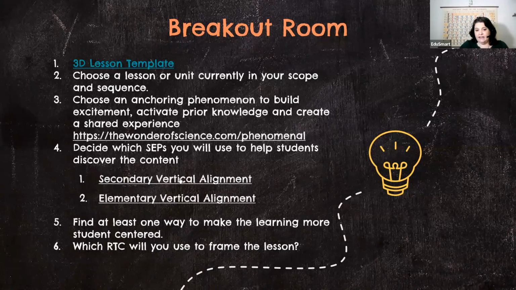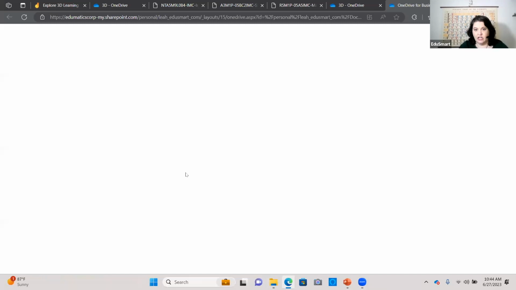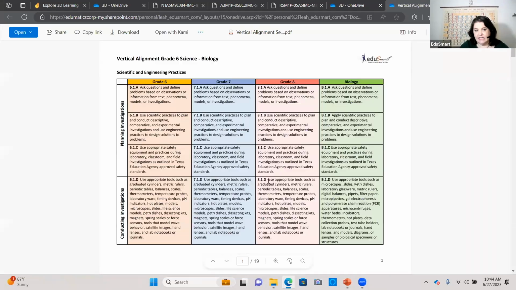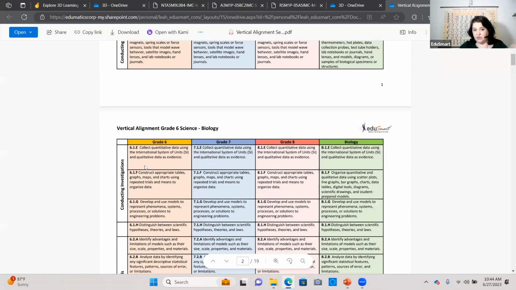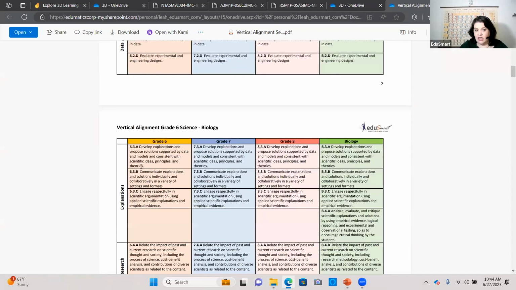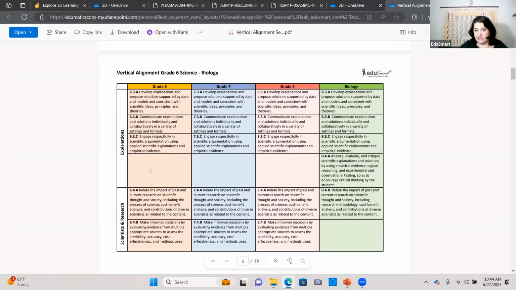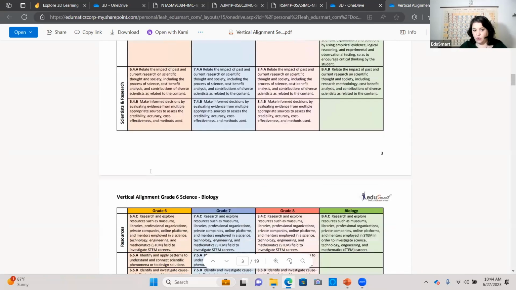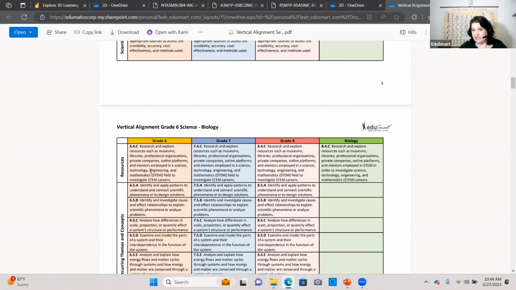So that's where this vertical alignment piece comes in. The SEPs are, and I'm going to go ahead and just click on it so you can see what this is. The SEPs are 6.1, or this is 6th grade, but it's 1, 2, 3, and 4. So as you go through, it's all of those first 4 standards and all the substandards.